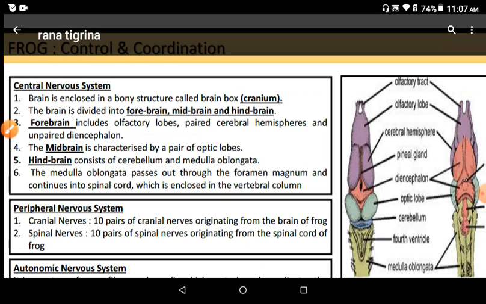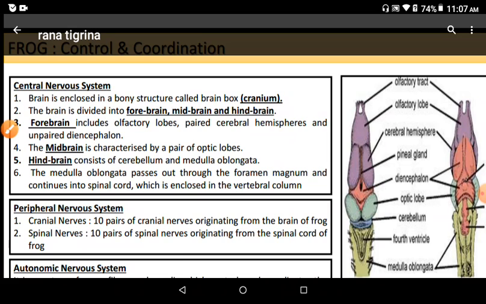Up to this part, it is known as forebrain.